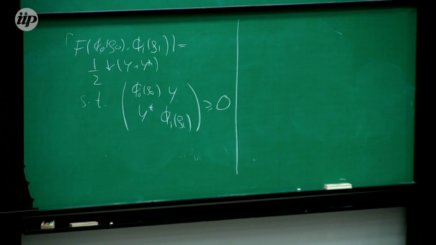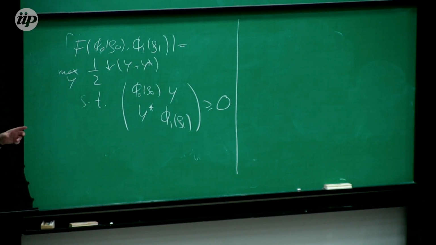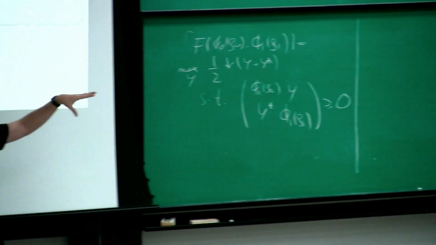Now this is if we were not optimizing over row 0 and row 1, which is not so.